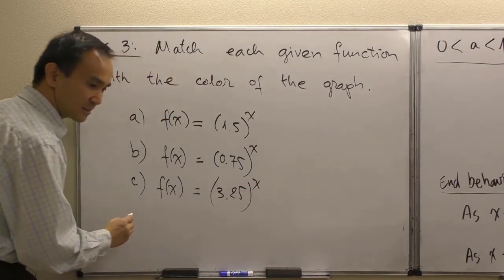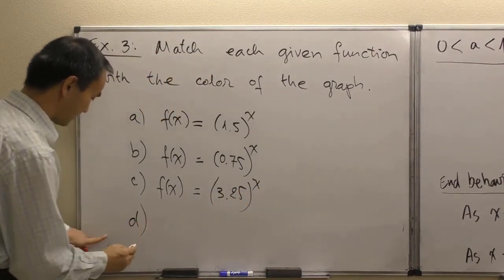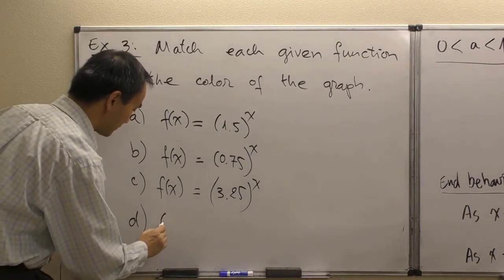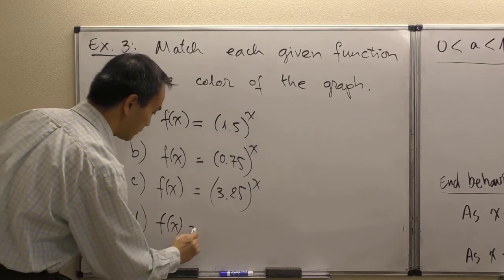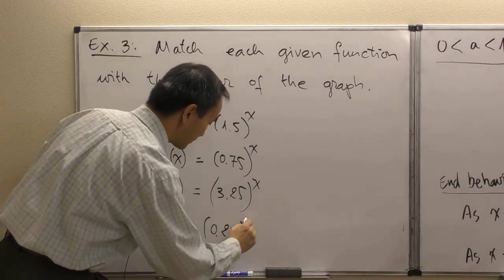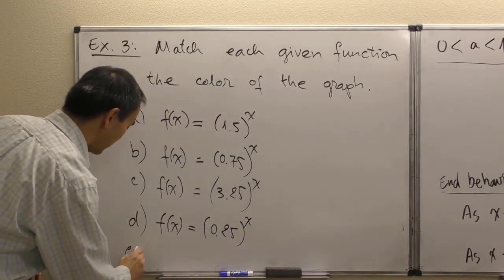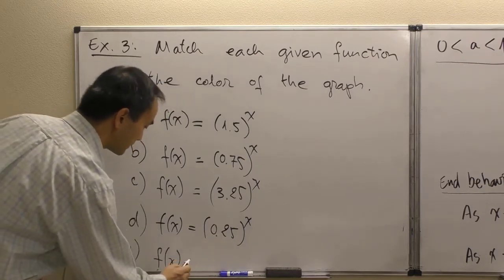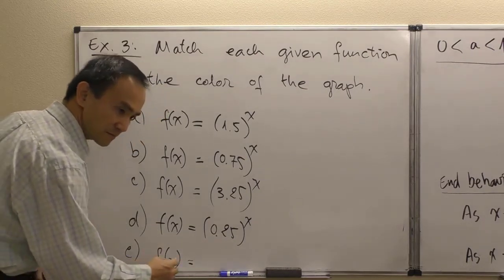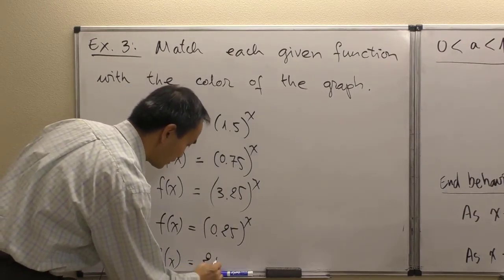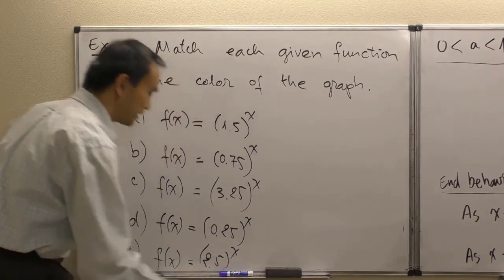Then we have D, f of x equals 0.25 to the x, and E, f of x equals 2.5 to the x.